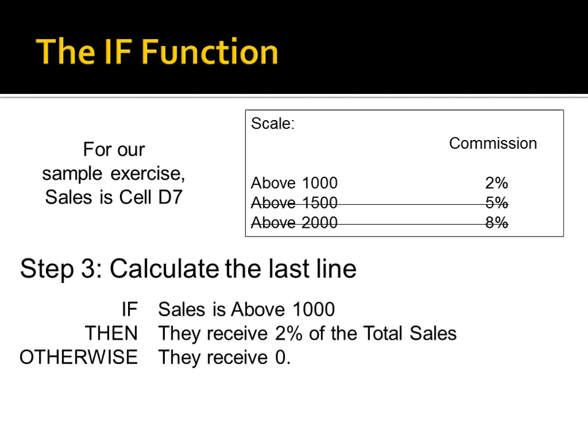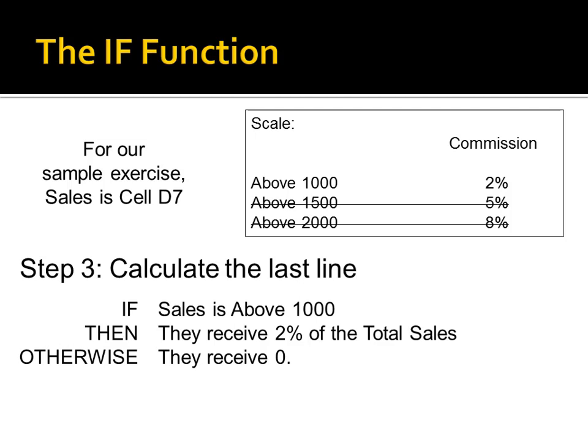Here we go. So your if should read something like this. If sales is above 1,000, then they will receive 2% of the total sales, and the commission is 2%. Otherwise, they receive 0. Again, because we're not worried about anything else except the last one. So if they get above 1,000, 2%.